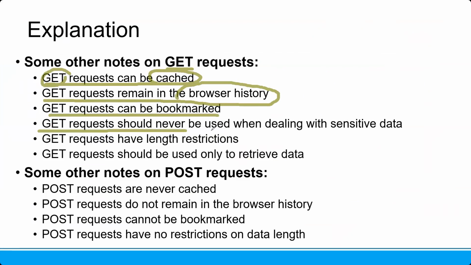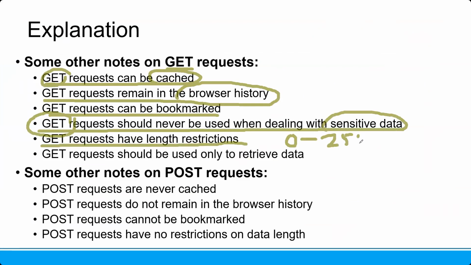Get requests should never be used when dealing with sensitive data. So if you are using the login function, then you should not use get. Get requests have length restriction. So until now, as far as I know, it gives until 255.